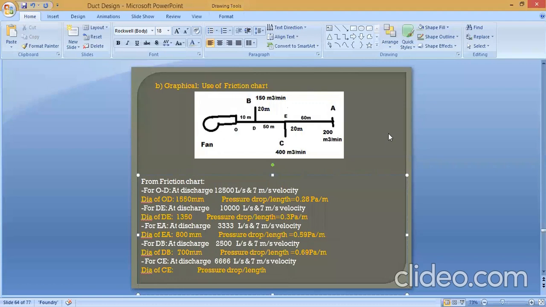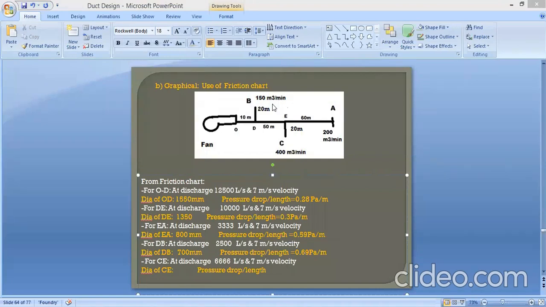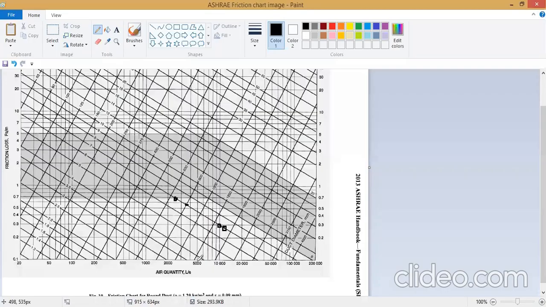So discharge is 6,666. Go to 5,000, 6,000, 7,000. So 6,600 is somewhere here, and velocity is 7.